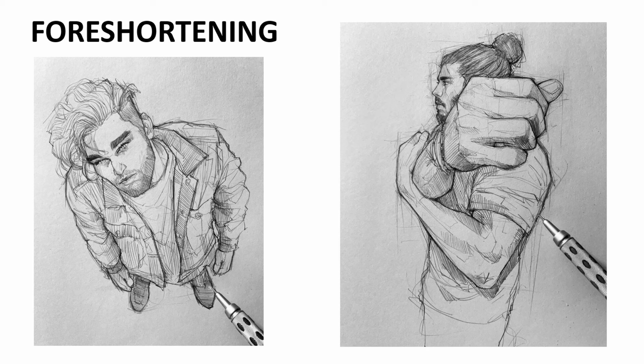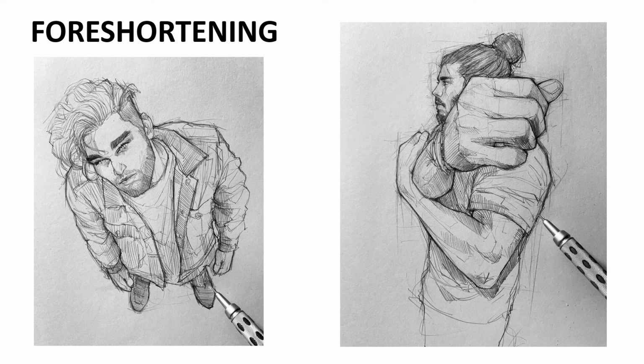Let's look at the other gentleman who has pushed his hand towards the viewer. So the fist is the one that is closer to the viewer. Because of that, you notice that this fist appears to be bigger than the head and some other parts of the body. It's extremely big, actually.